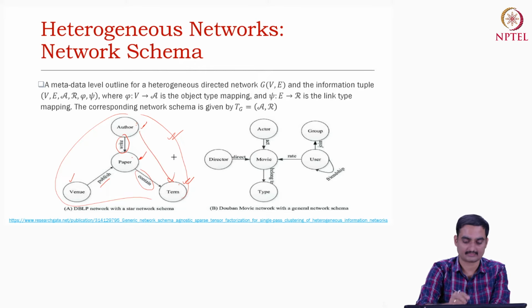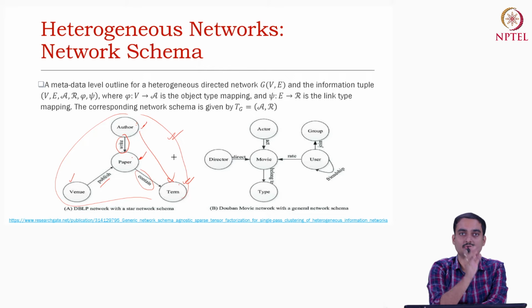It is not allowed, because the schema has to be defined earlier, and then based on the schema you can create your network. Those who have studied DBMS, this is very related to the entity relationship diagram, the ER diagram, if you remember correctly. There also you have entities, relations, and a schema.